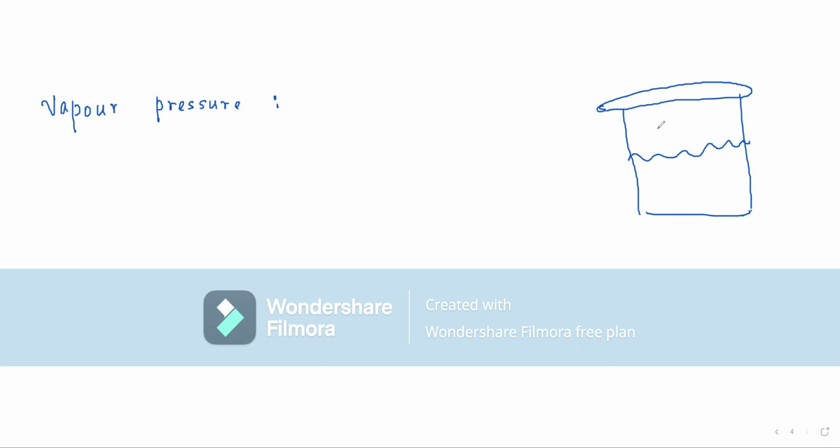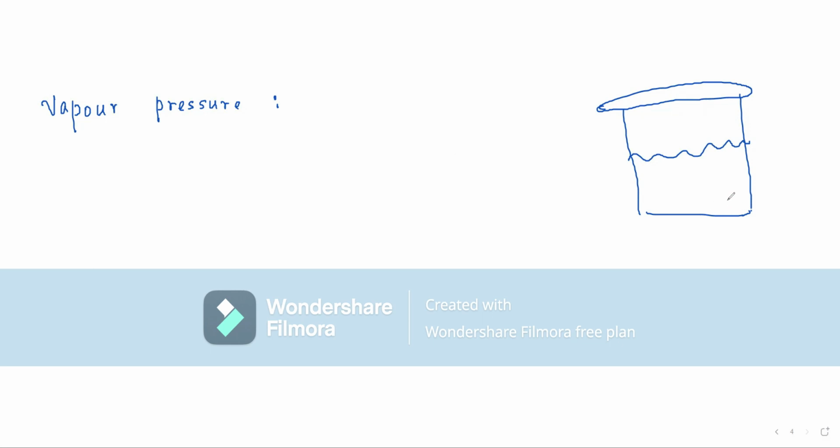Now, those particles can again condense because your vessel is a closed vessel. Those particles can condense and form the liquid again. In a while, there will be equilibrium generated. The pressure exerted by the vapor on the walls of the container at equilibrium is called vapor pressure.